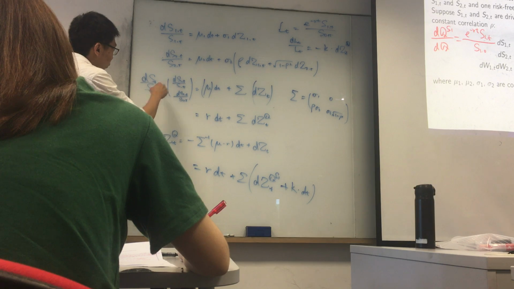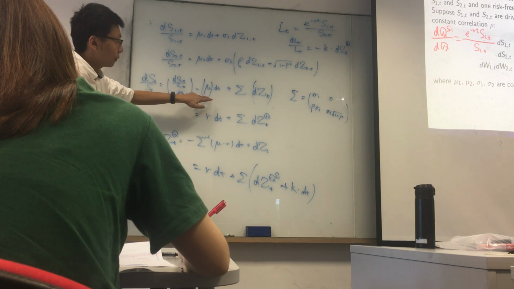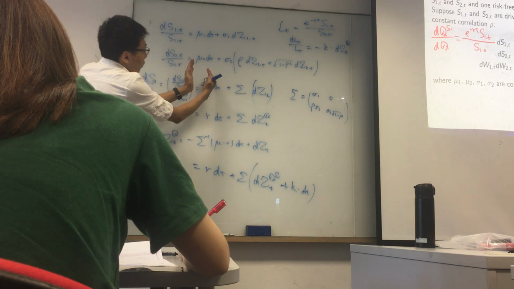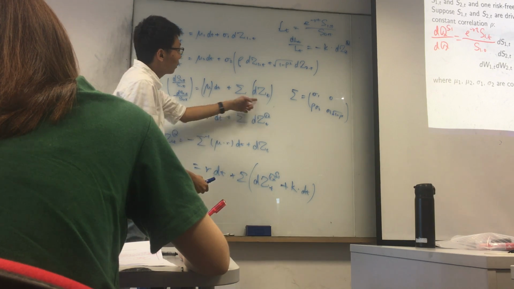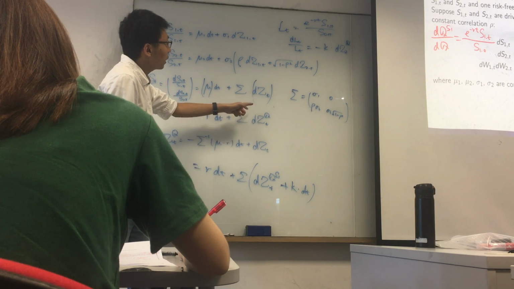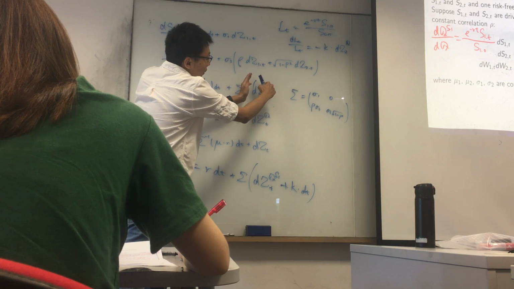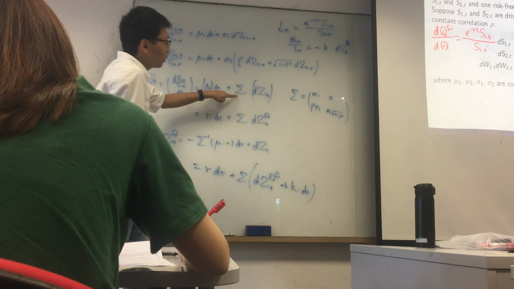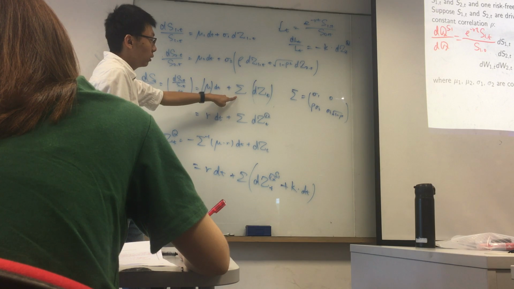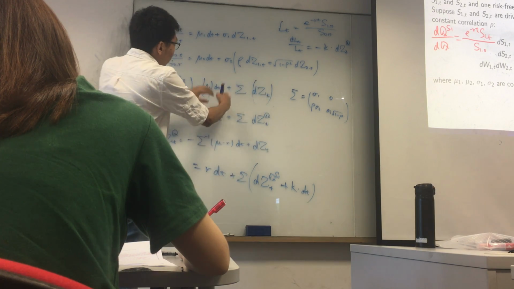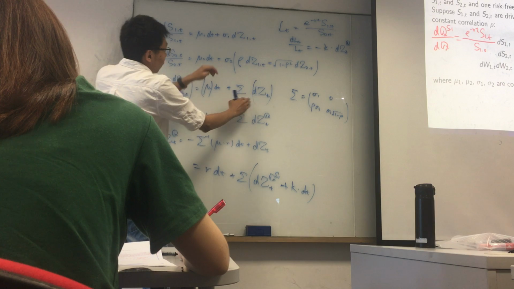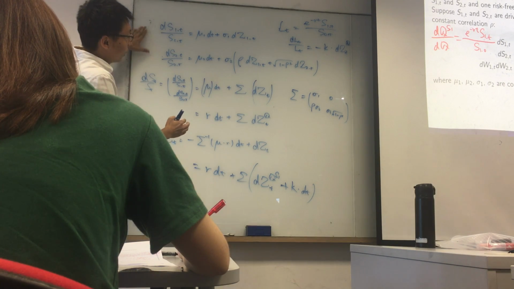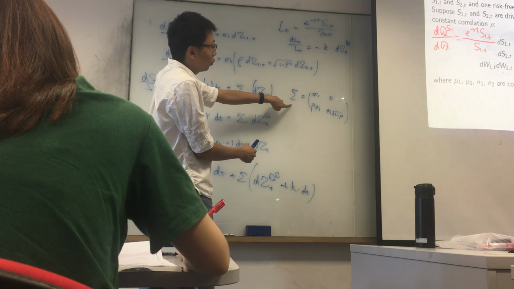So this equals mu dt plus sigma dZ_t. What is mu? Mu is (mu1, mu2), a vector, times dt. And sigma dZ_t: what is dZ_t? dZ_t is still a vector, (dZ1_t, dZ2_t), a 2 by 1 vector. This sigma is a matrix, a 2 by 2 matrix. If you do this matrix multiplication and compare the results with these two standalone equations, we can pin down this 2 by 2 matrix.